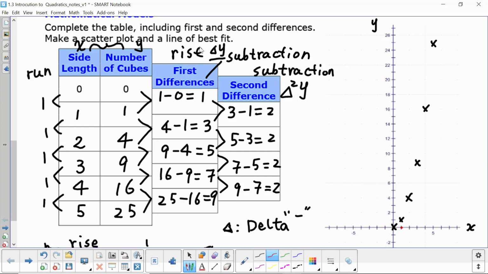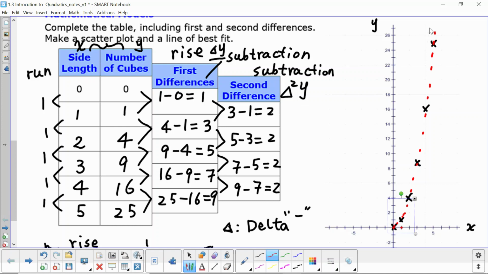It asks you to draw a line of best fit. So this is not going to be a straight line. It will be curved. So I just connect these points together. Then you will see you have a curve instead of a straight line.